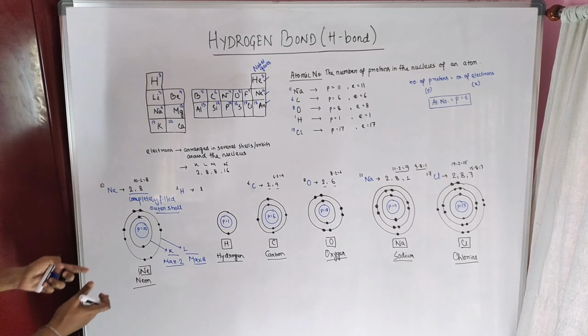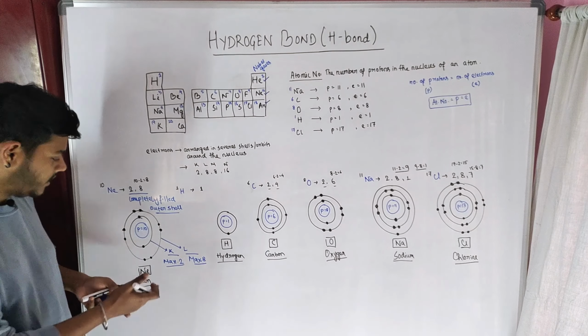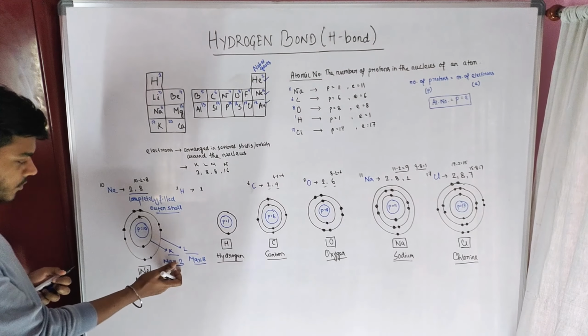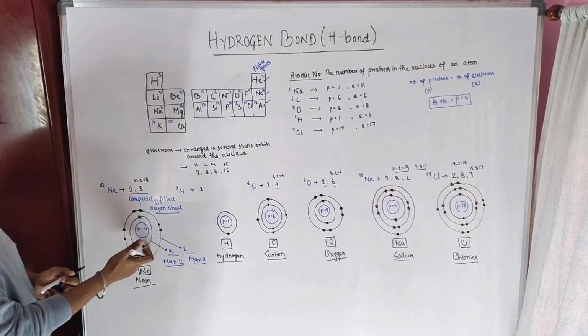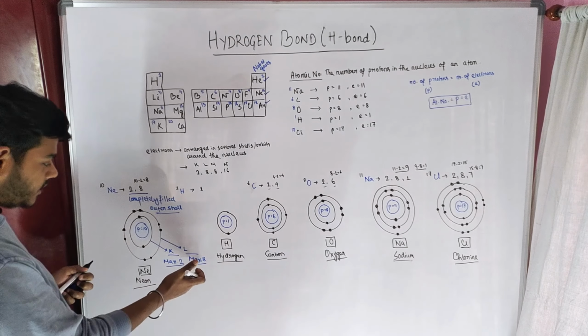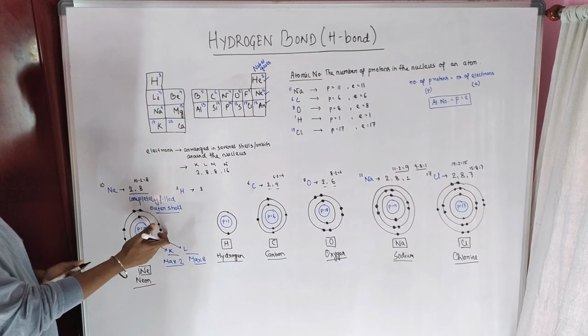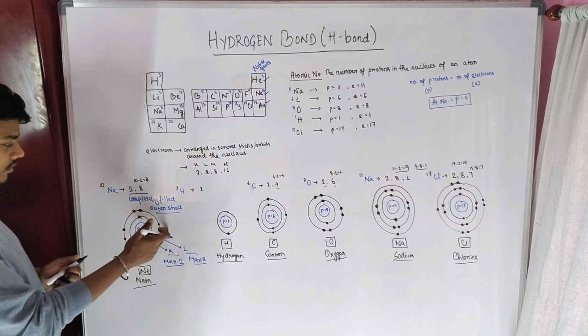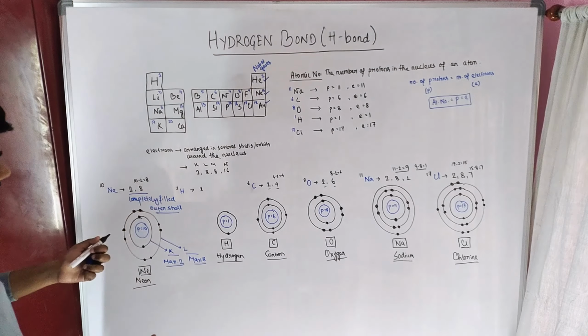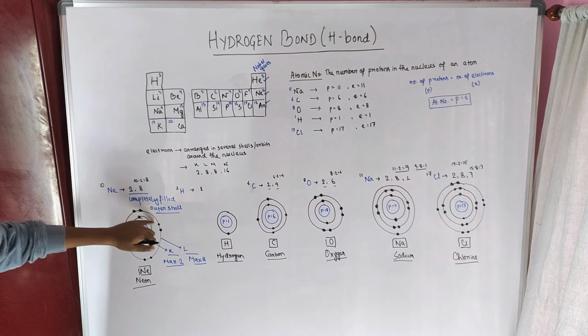And noble gases have that maximum number. Neon has 2 electrons in its K shell and 8 electrons in its outermost L shell. So neon, helium, argon, these gases have a completely filled outer shell.